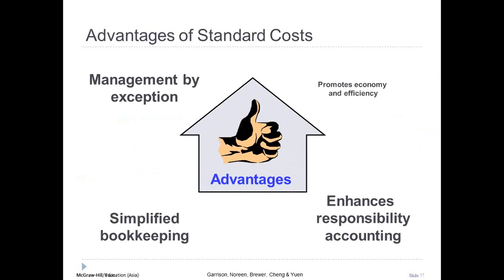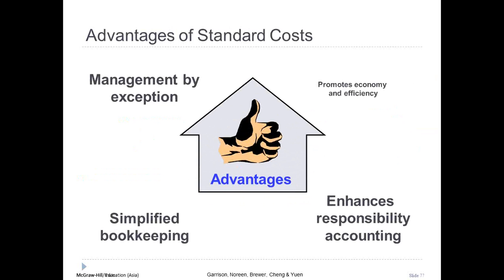Research has shown that a substantial portion of companies in the UK, Canada, Japan, and the US use standard cost systems. This is because standard cost systems offer many advantages, including: standard costs are a key element of the management by exception approach, which helps managers focus their attention on the most important issues.